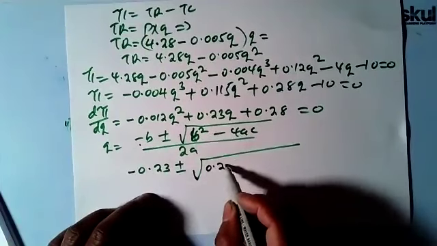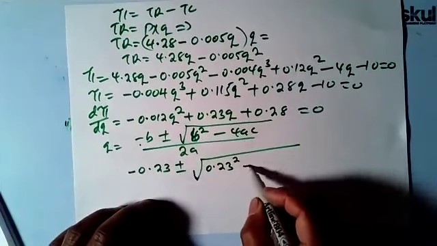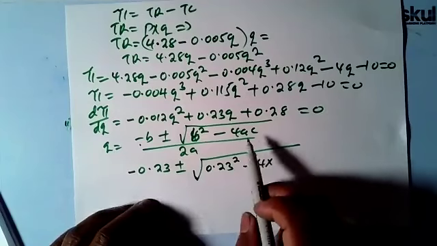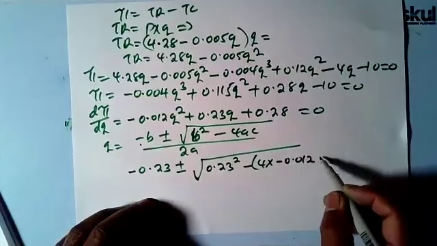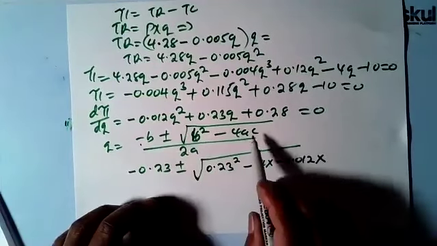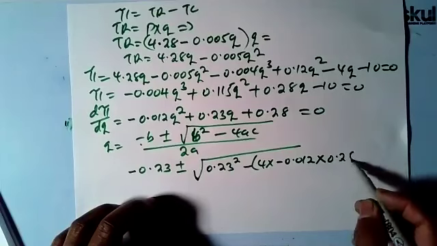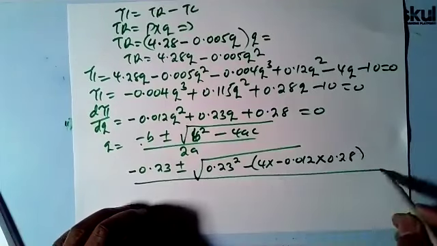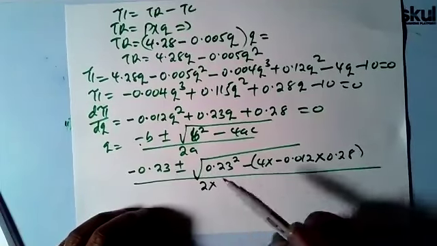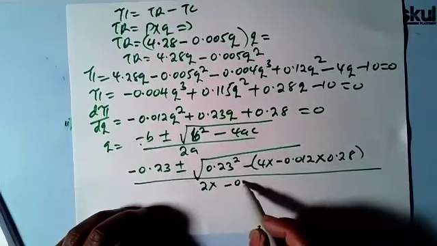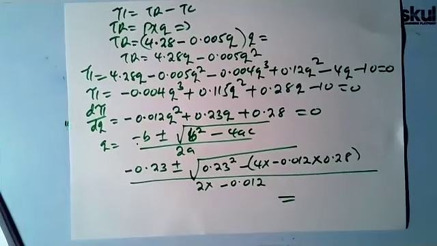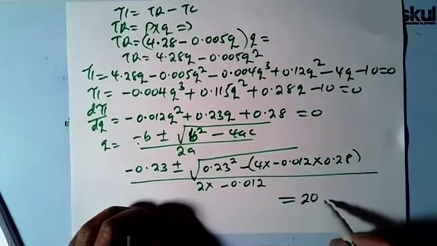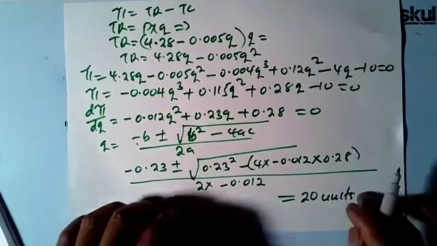So it will be 0.23 squared minus 4AC. Our A is negative 0.012 times C. Our C is 0.28. Then you divide by 2A, which is negative 0.012. So if you compute that, you get two answers, a positive and a negative. You take the positive one, which should give approximately 20 units.